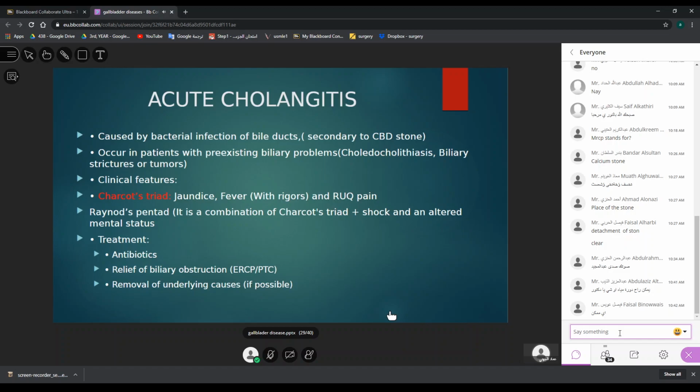Let's see, Faisal, what is the difference between CBD and common hepatic?